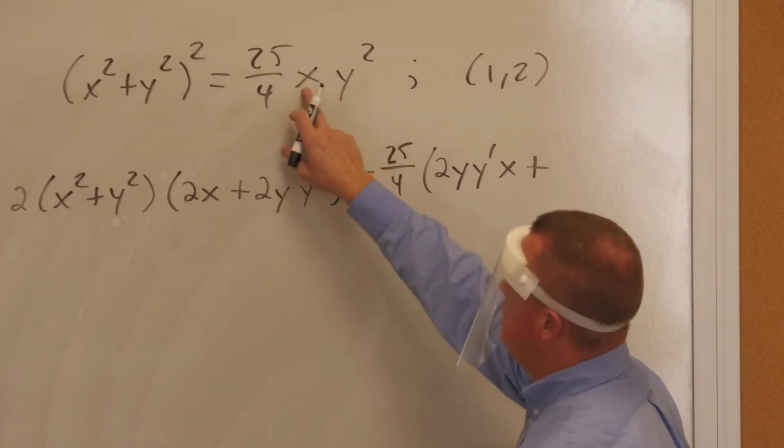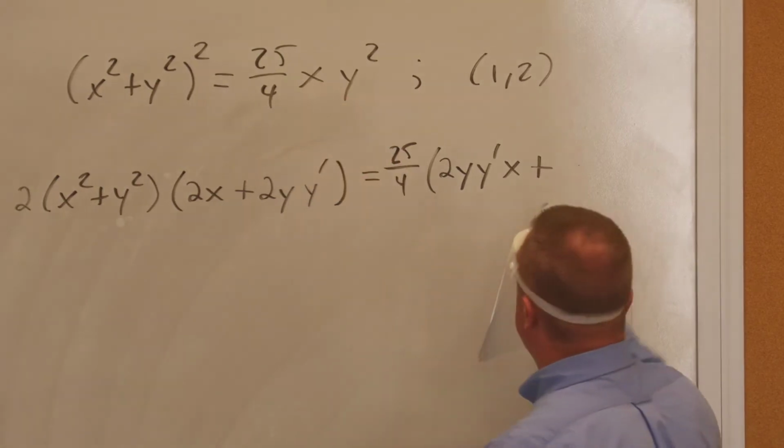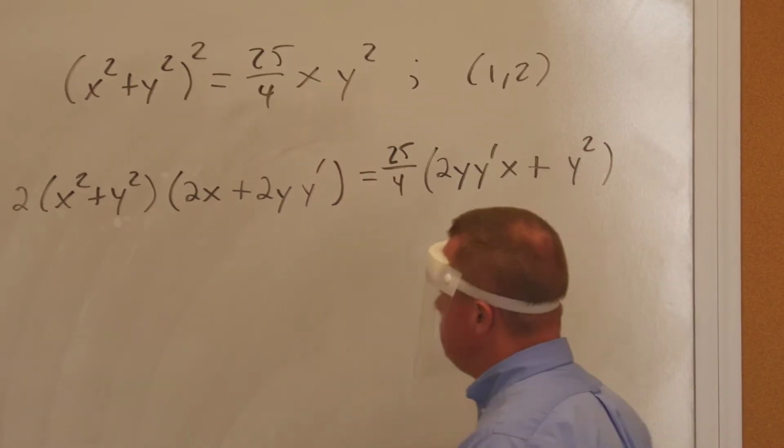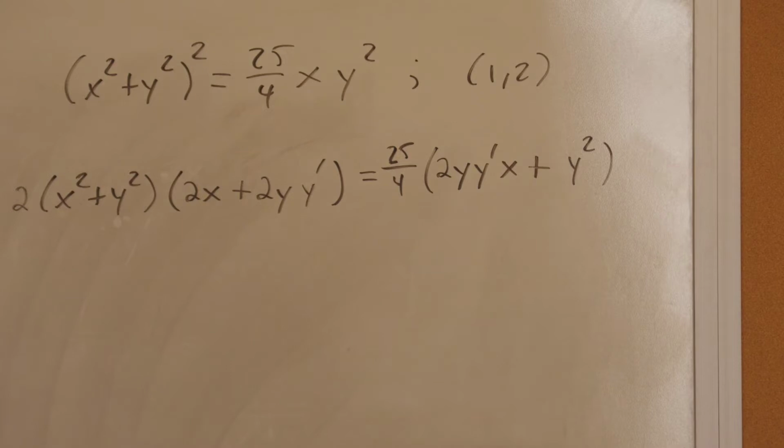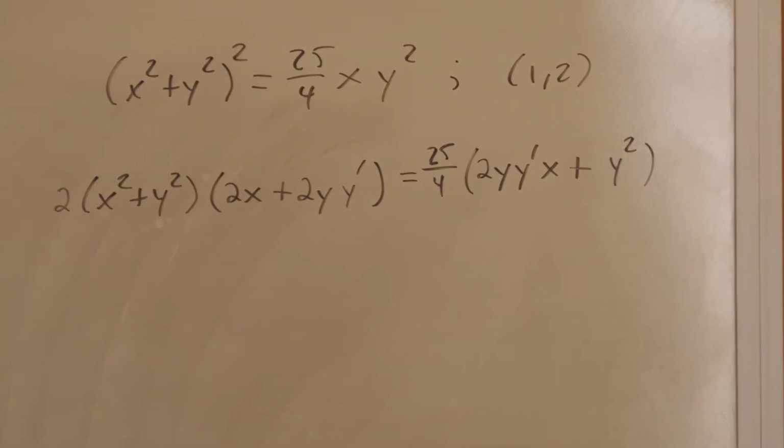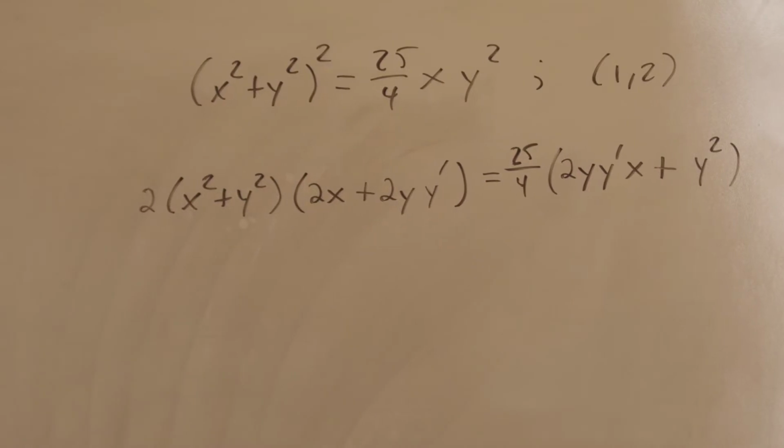So y squared times the derivative of x, which is 1, so it's just y squared. That is my first step written out, and that's the main thing right there. After you get that, it's really just plugging in numbers. But any questions up to that point?